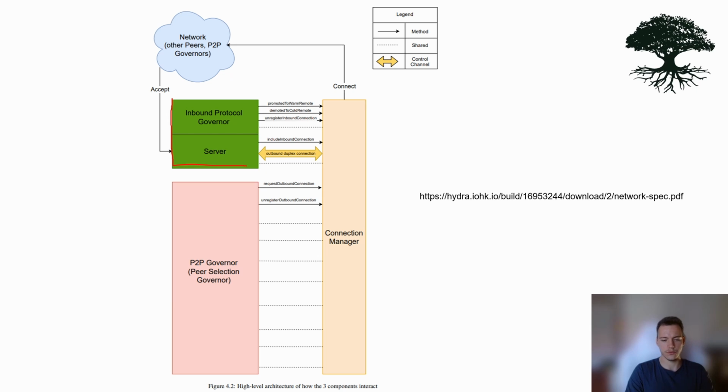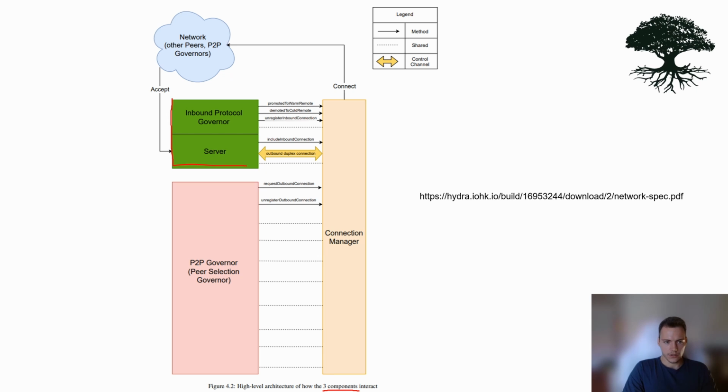Actually, if you read the caption of this diagram, you will see that it mentions 3 components, so this is considered one component, but there is a distinction between them because in the future they might become completely separate components. So that's why they're currently kind of grouped together, but they might be completely separated later on.